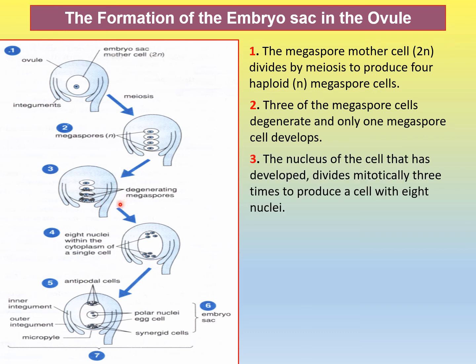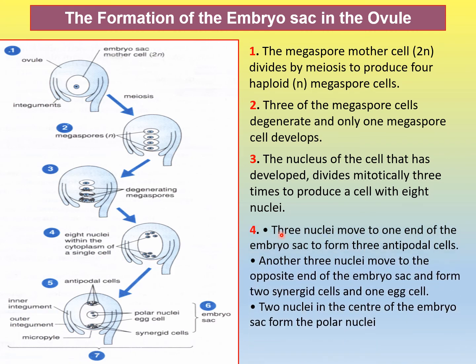Okay, and then the nucleus of the cell that has developed divides mitotically 3 times to produce a cell with 8 nuclei. Okay, from 1, divided by mitosis 3 times, it becomes 8. Then 3 nuclei move to the end of the embryo sac to form 3 antipodal cells.